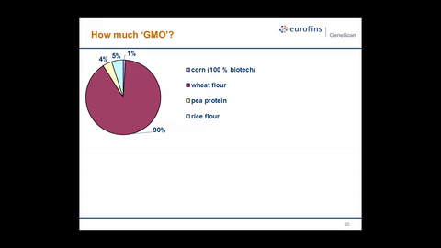So, if you ask a guy on the street or an analytical chemist how much GM is in this product, it's not an unreasonable answer to say 1%, because of the product as a whole, it's only 1% of this GM corn, and by and large there is not GM rice or peas or wheat.